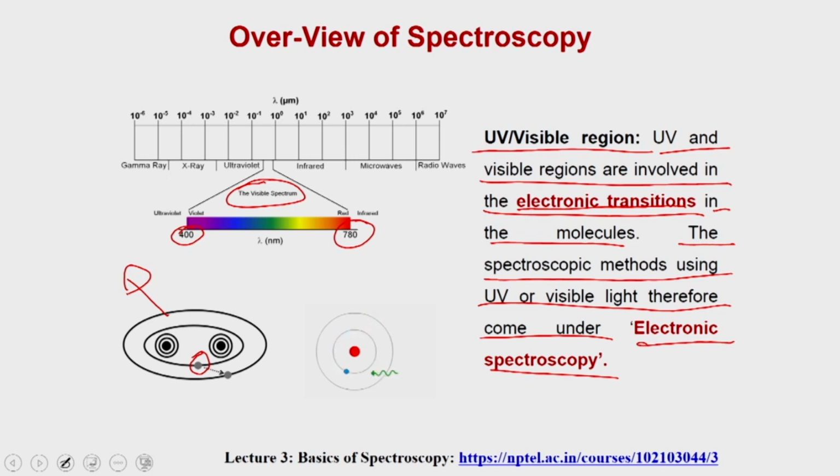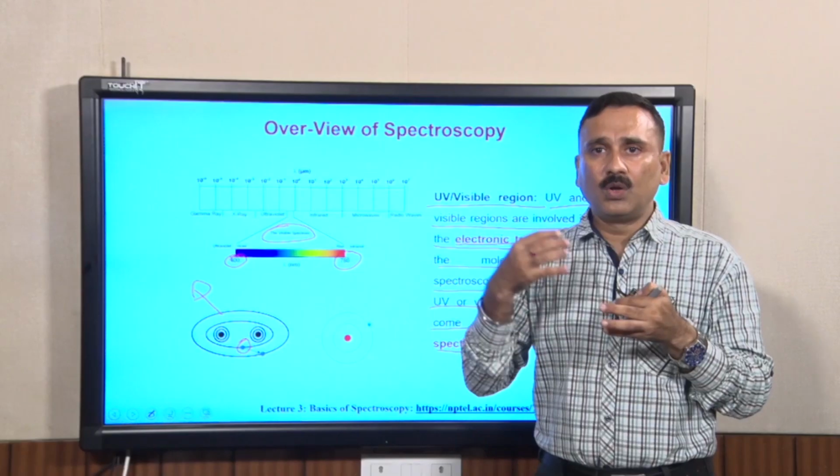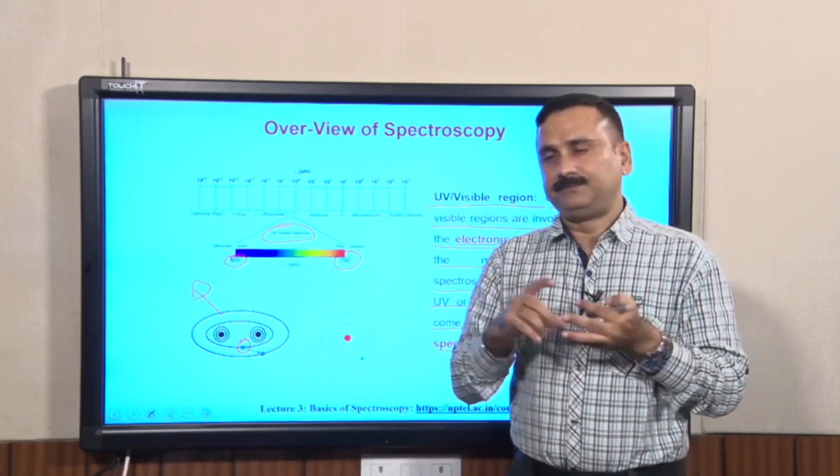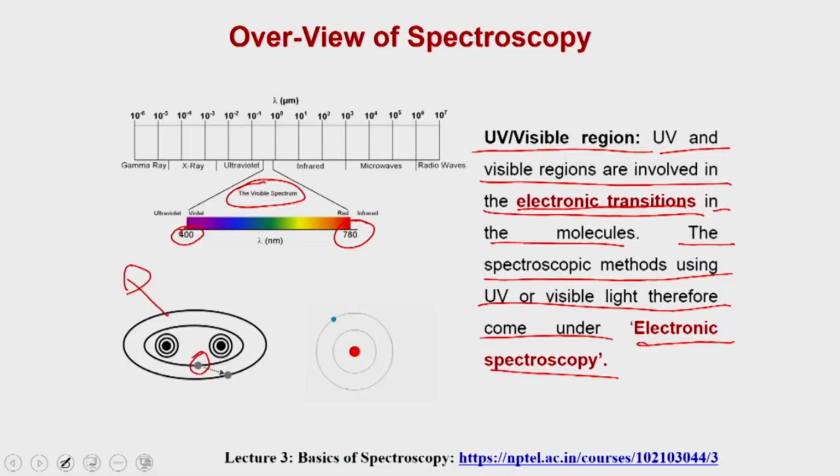If you have carbon and oxygen, it may give you a different one, and that is how you can use UV visible spectroscopy to characterize the molecule as well. So, this is exactly the same: the electronic transition means that the electron is switching from a higher energy state to a lower energy state and from a lower energy state to a higher energy state.